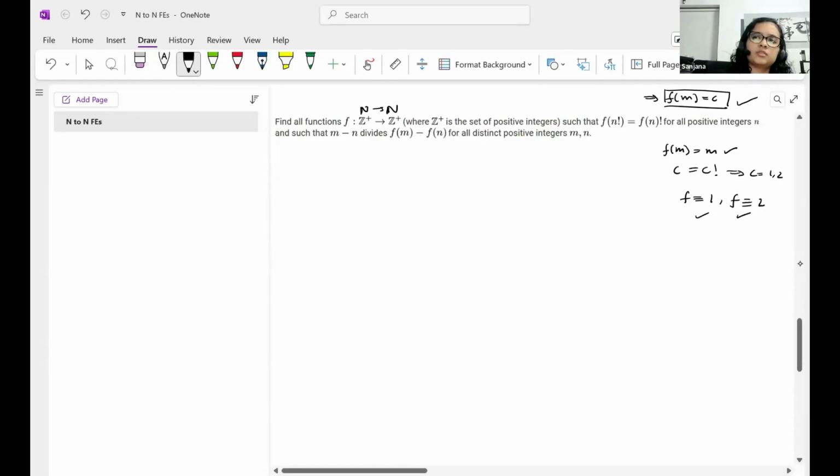M raised to n f of... so what do you mean? Do you mean f of m is m raised to n? Because I don't think that would satisfy the factorial. Do you mean like this?